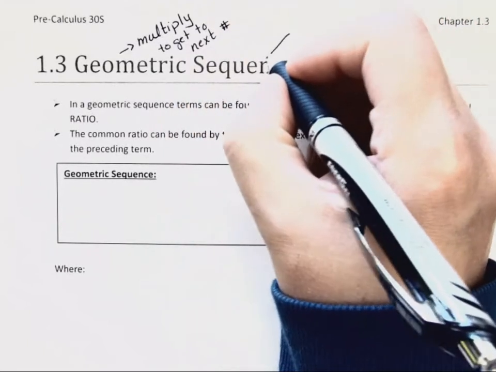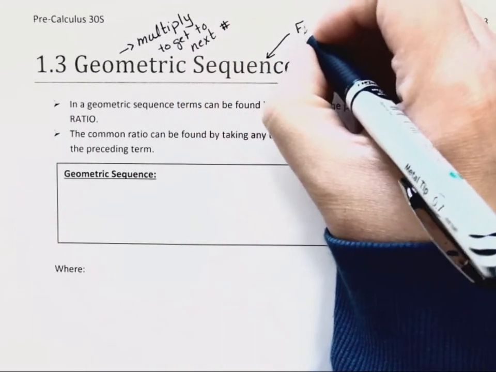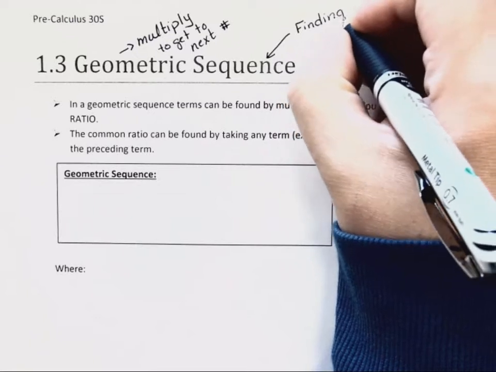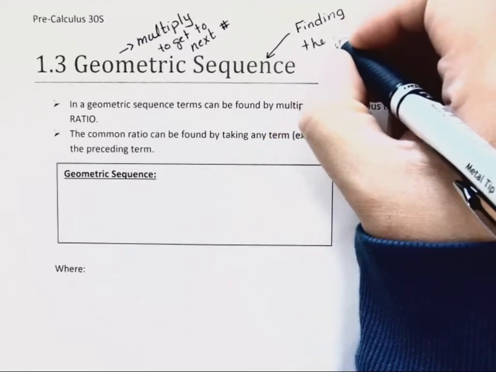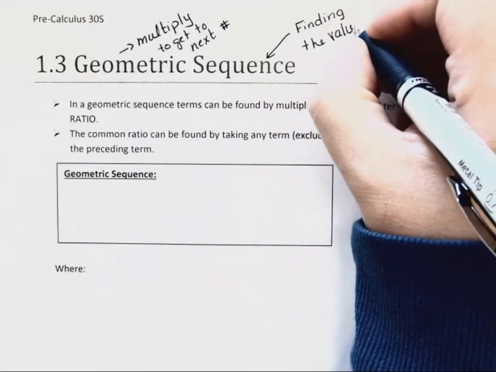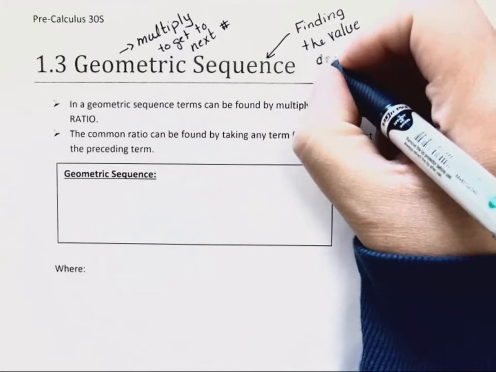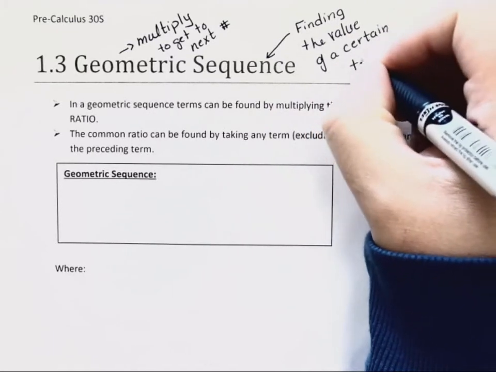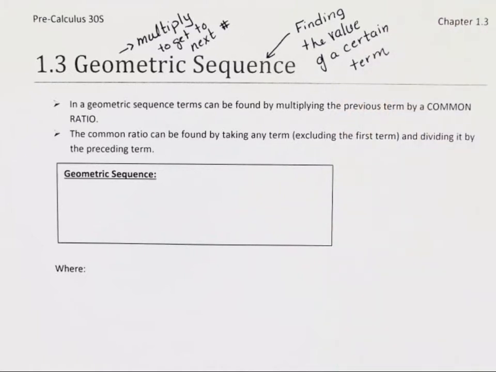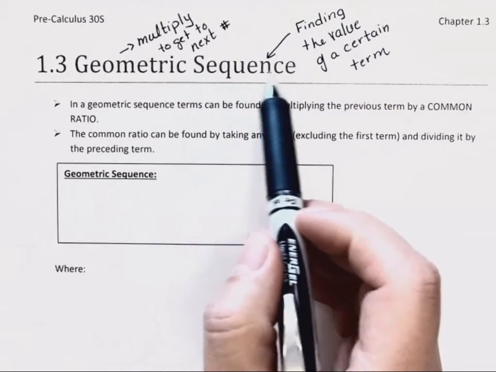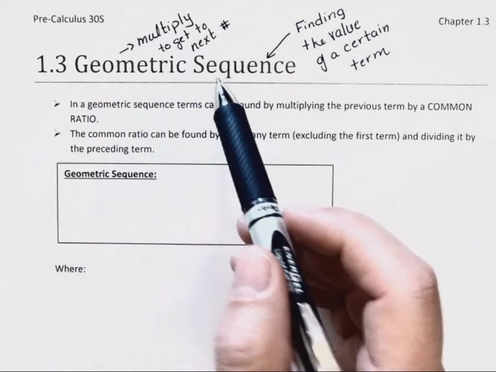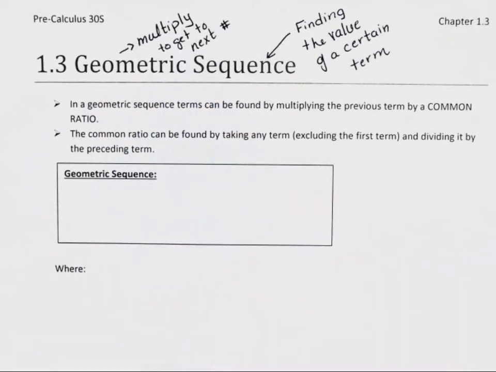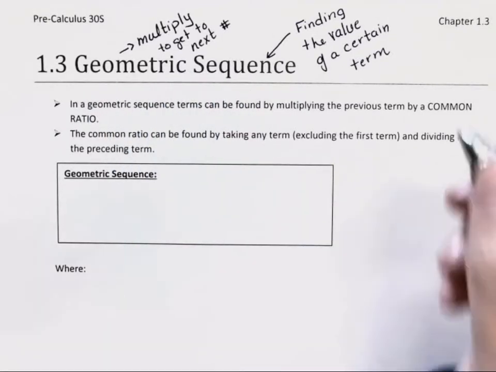And sequence just means finding the value of a certain term. So I want to know what the value of the 10th term is. We'd use a sequence formula. So geometric sequence is just those set of numbers that has a pattern to it.